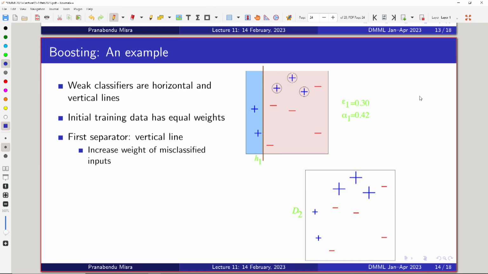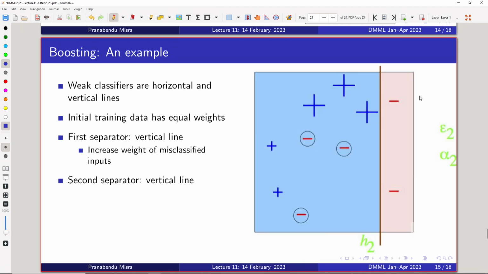And I am going to learn a new classifier on this new data set with the weights, as in I will measure the error as a weighted sum. So, this classifier now qualifies because these points have really high weights. They will push this line from here to there, that is essentially what has happened.